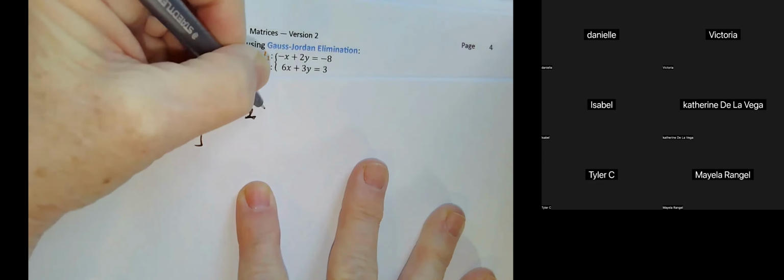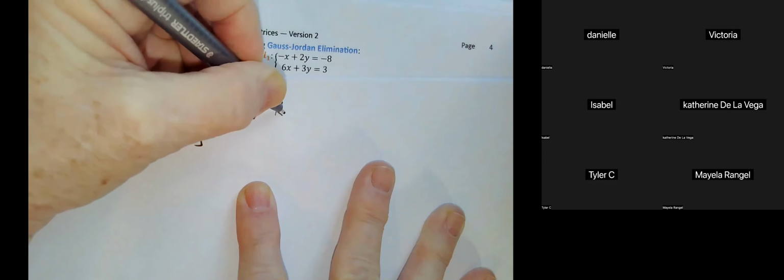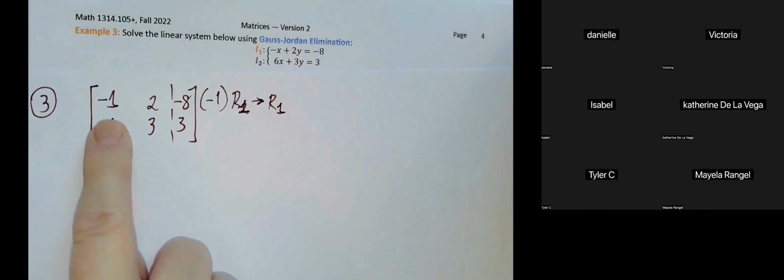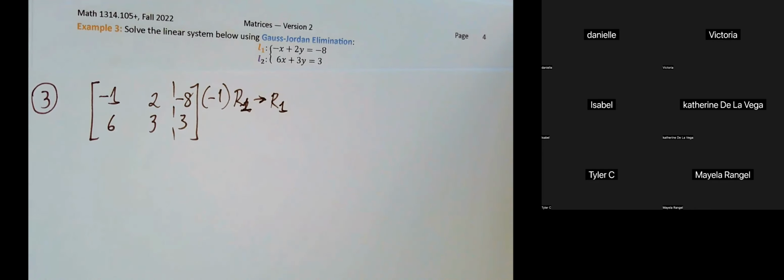And that's what we're going to do. What is another way that we could get a 1 here? Actually, it's pretty hard to get a 1 there, isn't it? Using row 2. Okay, so let's just be happy with this.